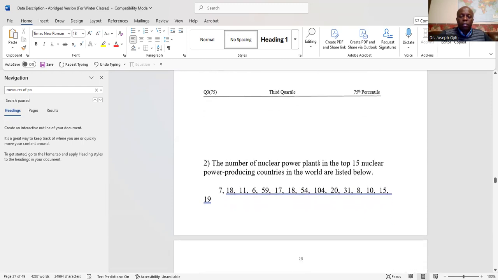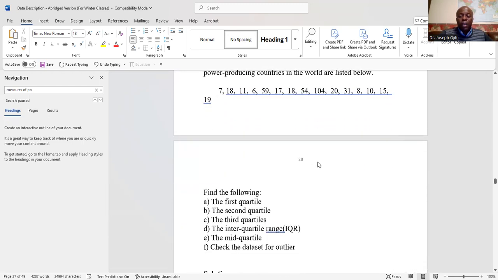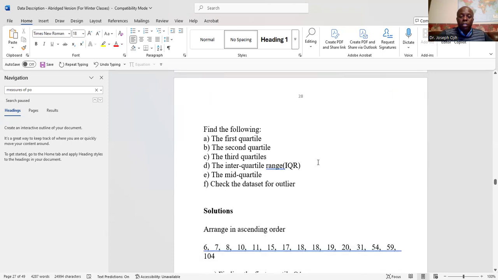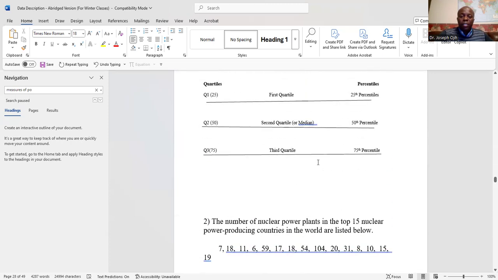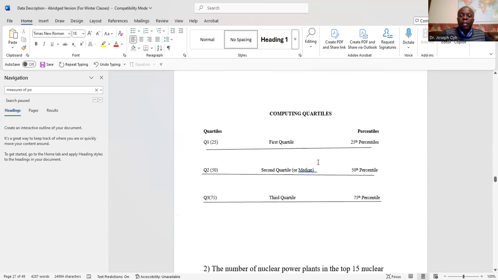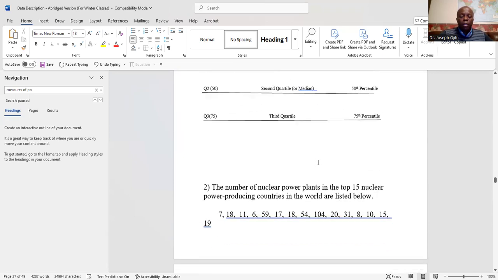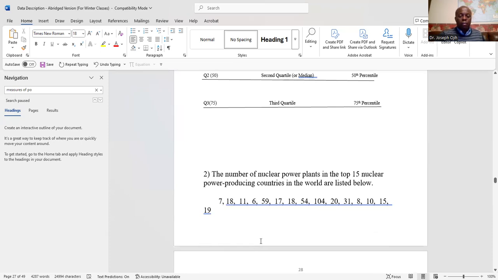Hopefully next week we will finish the data description, so that the following week we enter probability. Don't go yet, I want to take down your names, and after that you are free to go.